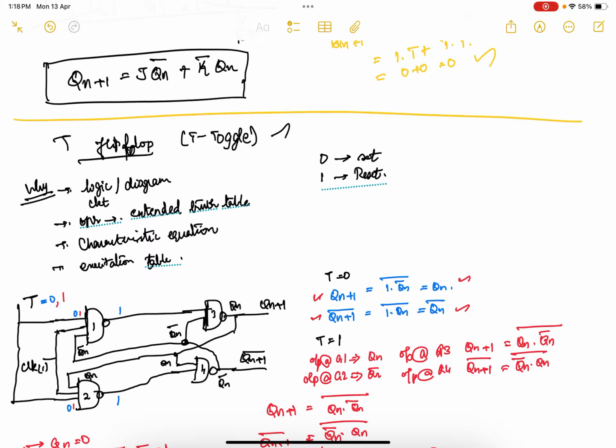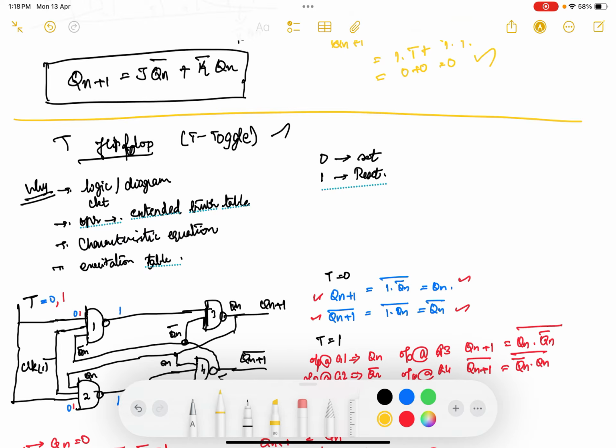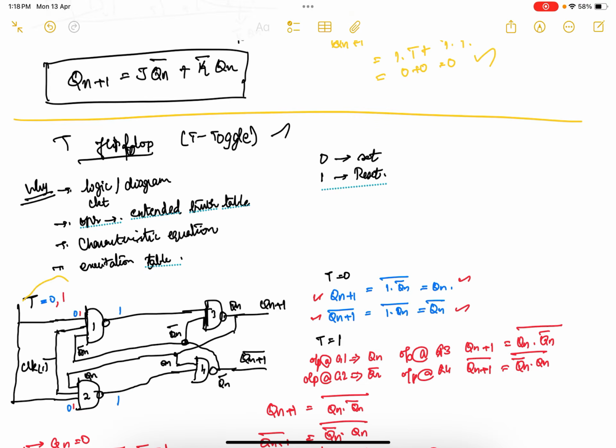So you can see over here how both j and k are connected using a common point.